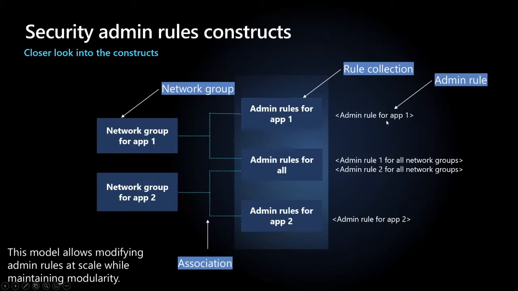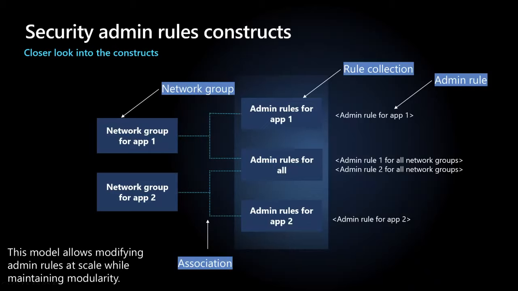Okay, so for example, in this diagram, I want to create admin rule specifically for application 1, and I place that in the rule collection for application 1. You can do the same for application 2 as well.